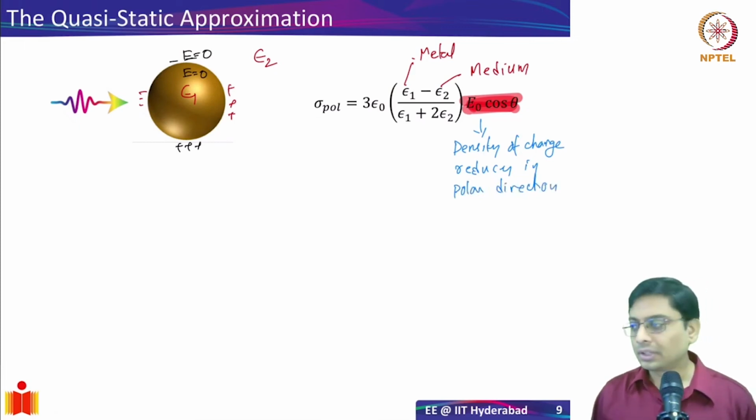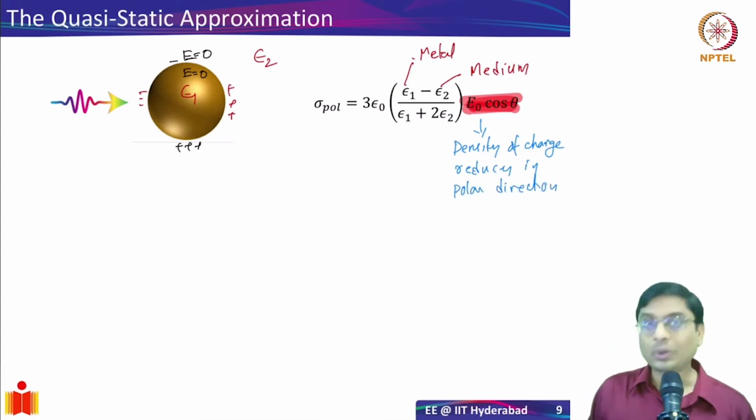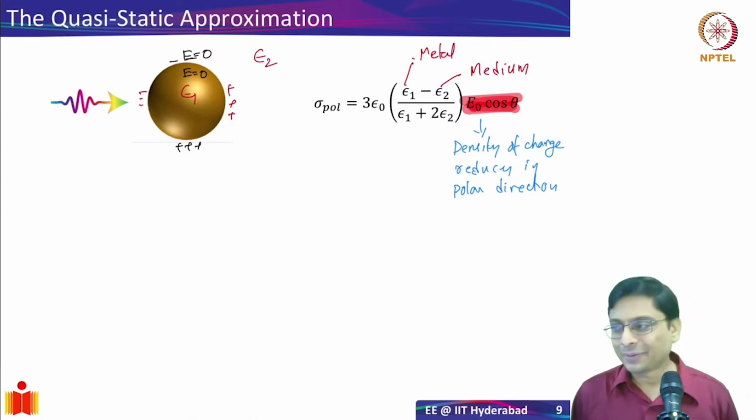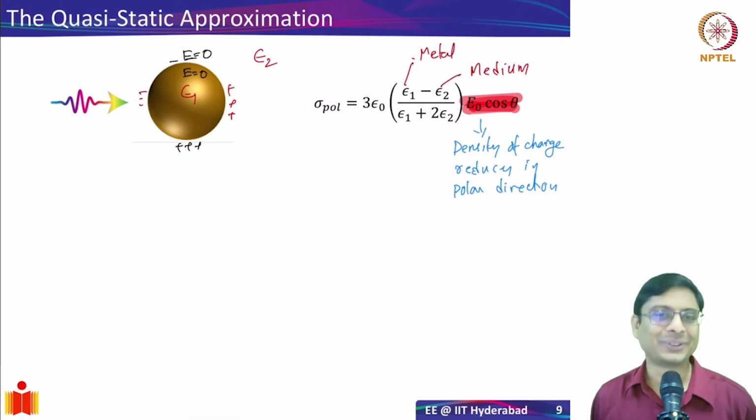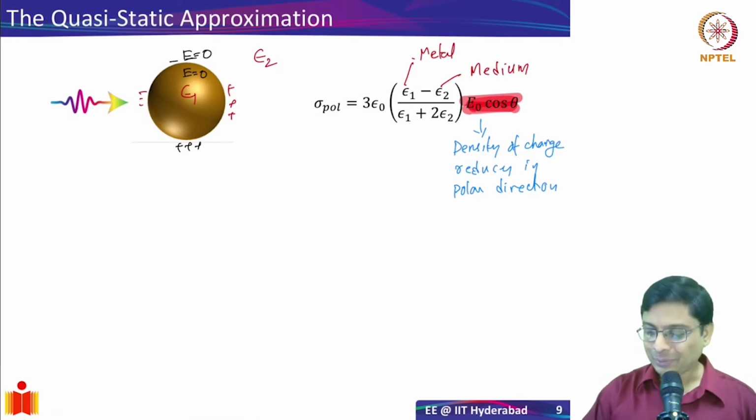Now, what else? Well, you see that there is this nice term, epsilon 1 plus 2 epsilon 2, and we have already seen that something interesting happens whenever the denominator goes to 0. So what happens when epsilon 1 plus 2 epsilon 2 is equal to, or close to, 0?